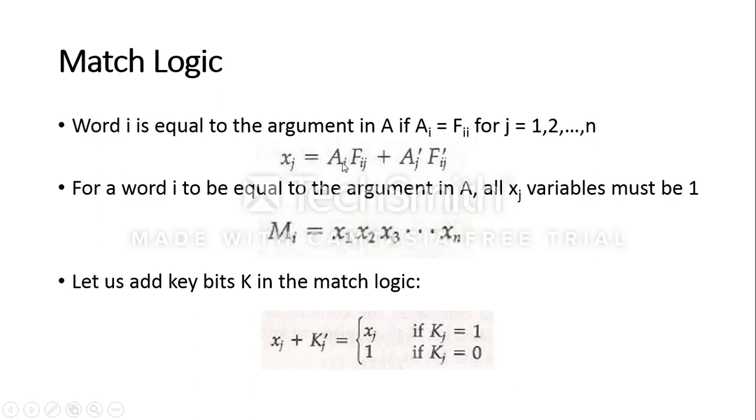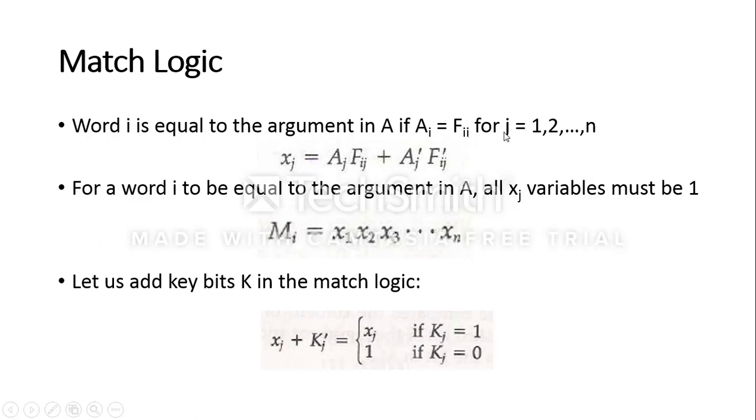Now this is just for one bit position. You have n such bit positions available in the argument register as well as in the associative memory. If you want to say that all the bits of the argument register A are matching with the bits available in the given memory word i, then this Xj must be found for all bits.